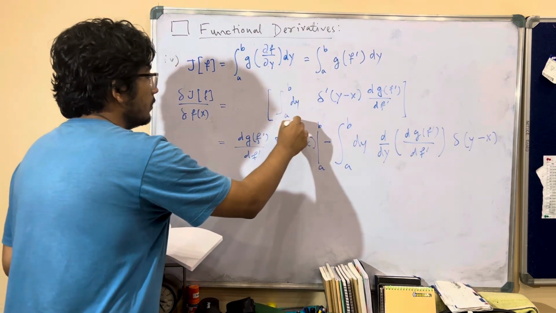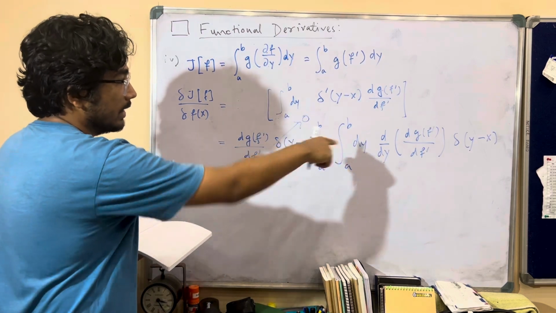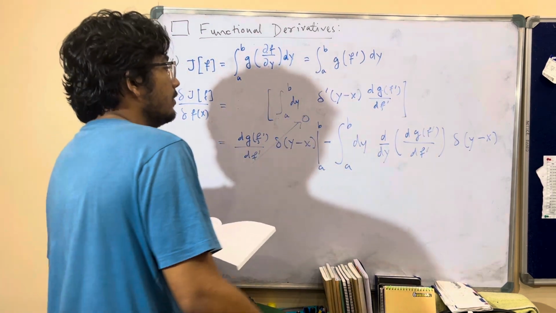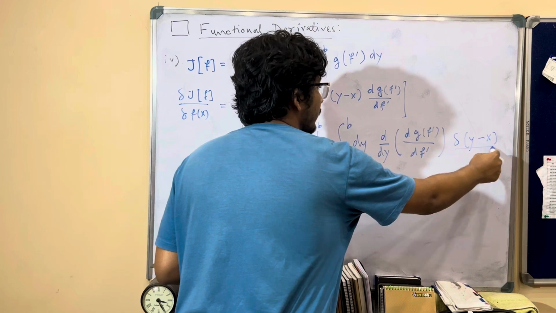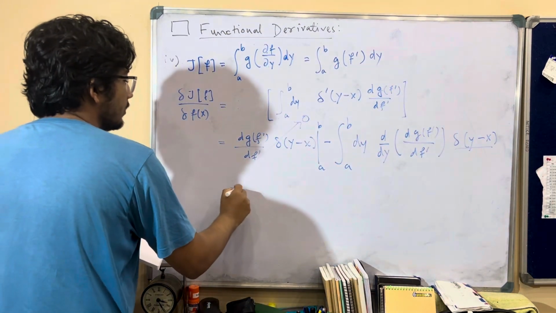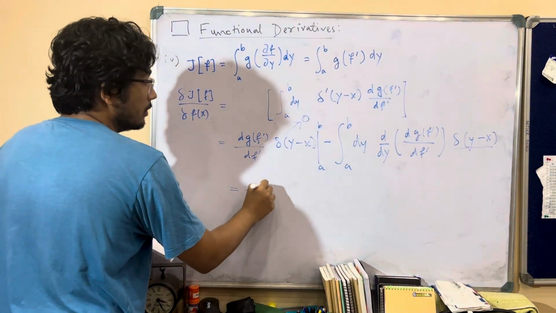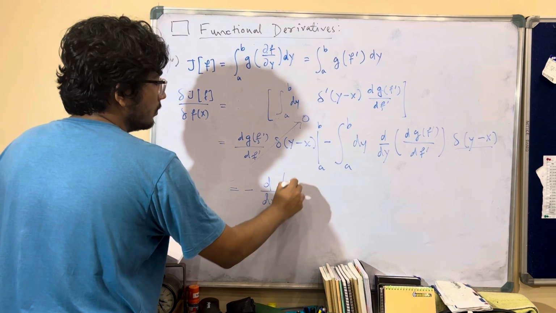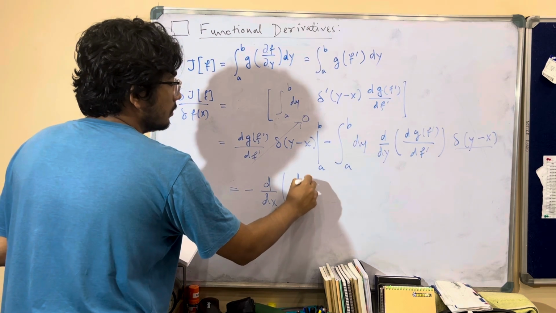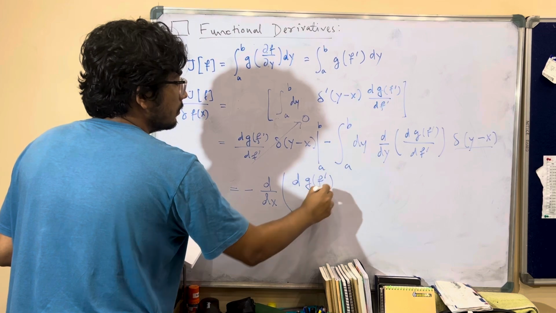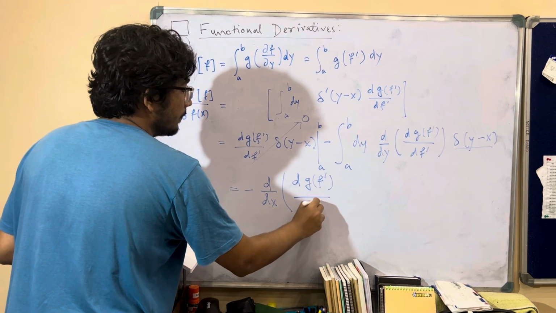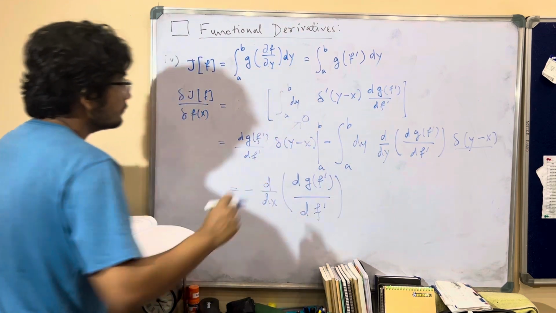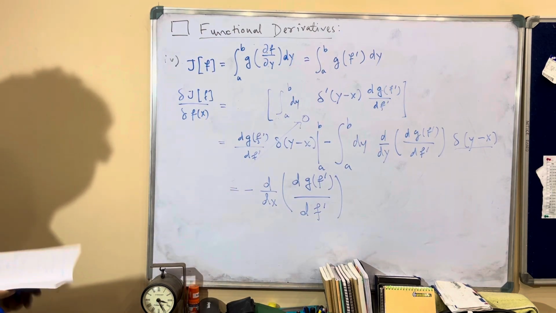So this part will be 0, and we are left with that part. Using the same property of delta functions, we can write that this will be equal to d dx of this thing. So this will be the answer.